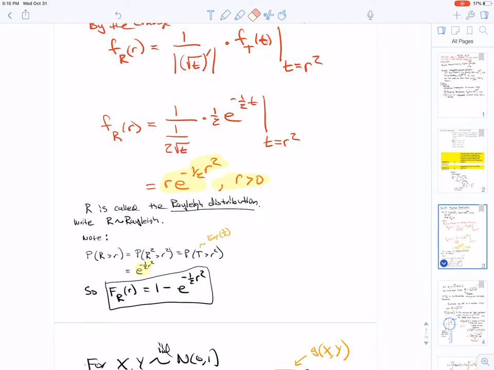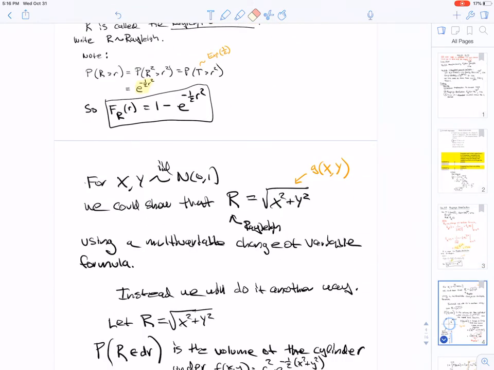And R squared is T, which is exponential 1/2. So we do know the survival function for T is e to the minus 1/2 t, which in this case is greater than r squared. So minus 1/2 r squared in this case. So that is the probability that R is greater than r. So the CDF then is 1 minus that.